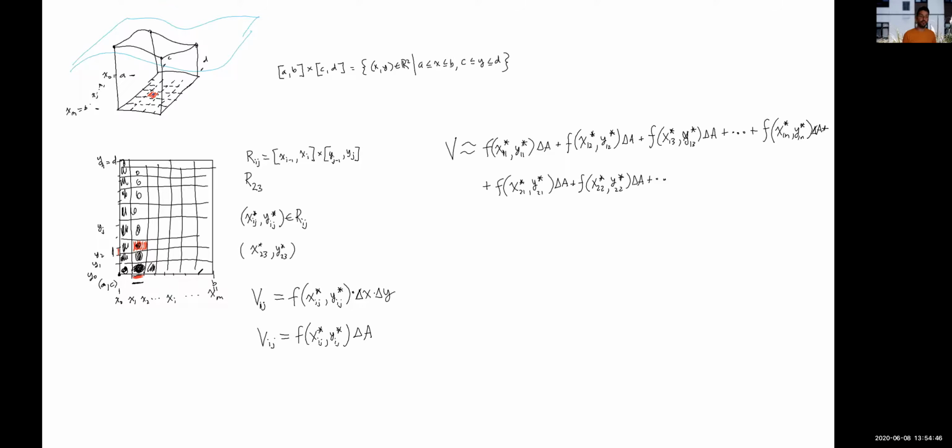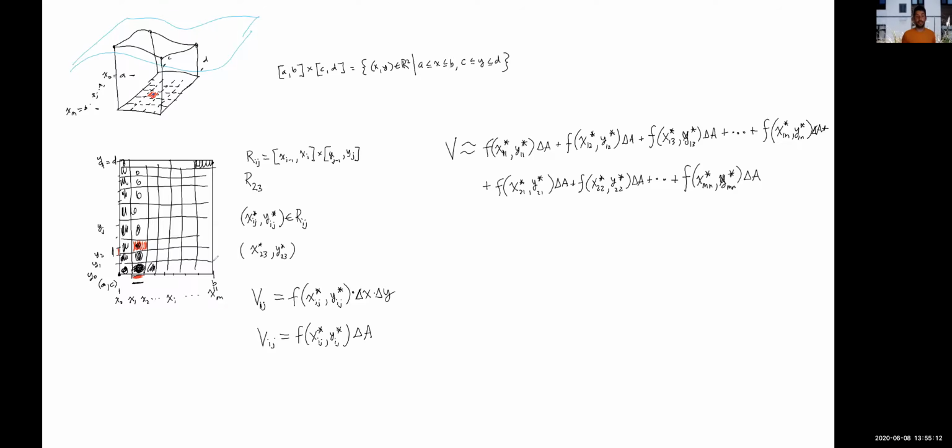We keep doing that, going through row 3, 4, on and on until you get to x m,n star, y m,n star, dA. Right, this upper corner. You've gone through all the x and y indices.